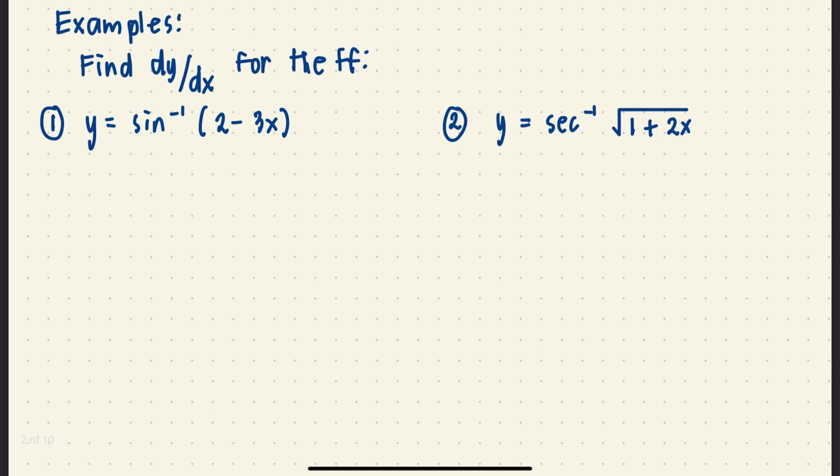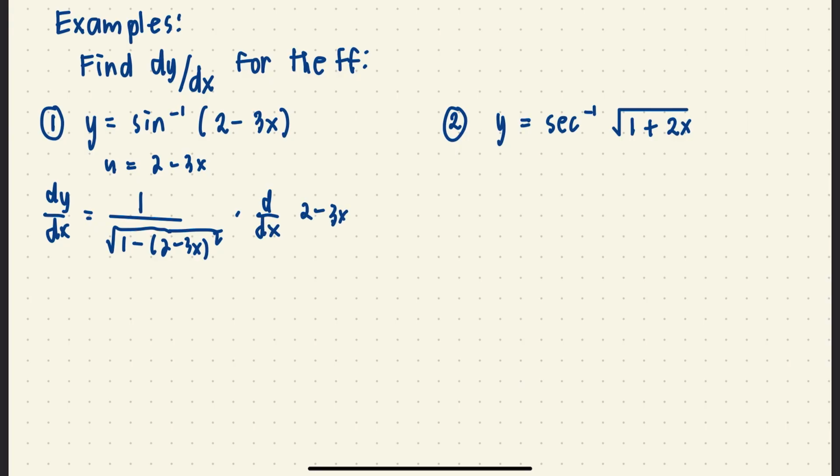We get the derivative of arcsine of 2 minus 3x. We let u be 2 minus 3x, and then for the arcsine of u, dy over dx is equal to 1 over the square root of 1 minus u squared, so 1 minus (2 minus 3x) squared, times the derivative of 2 minus 3x.